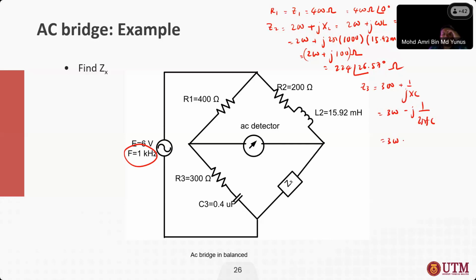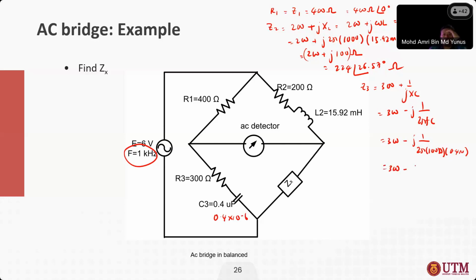So 300 minus j 1 over 2 pi 1000, and C is 0.4 microfarad, 0.4 times 10 to the power of negative 6.